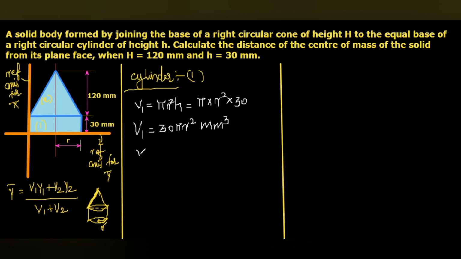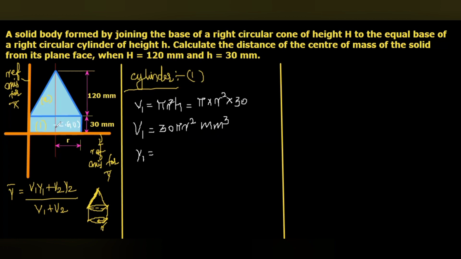Then y1, this is also like the rectangle. The CG of the right circular cylinder, that will be here, that is CG1. That means from all the dimensions, it will be h by 2 the distance.